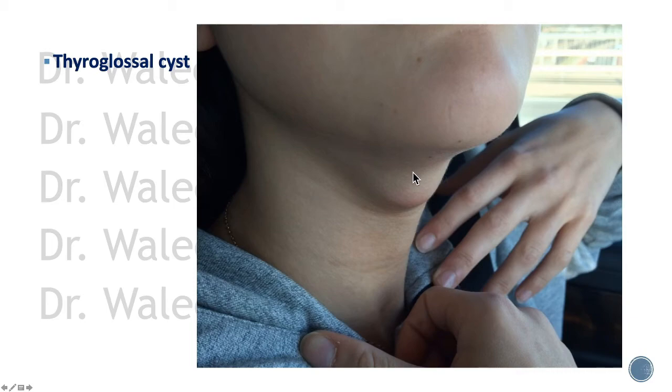Remember when we talked about the thyroglossal duct, and it got obliterated and turned into a ligament? Part of it doesn't. So mucus starts to accumulate inside it and forms a cyst. This is a thyroglossal cyst, and this is how you diagnose it. I think that's it for this lecture, and thank you for watching.